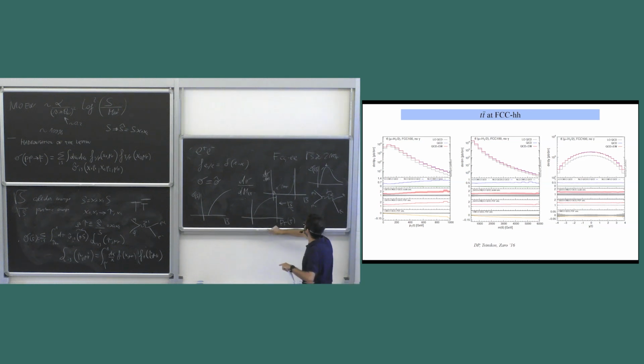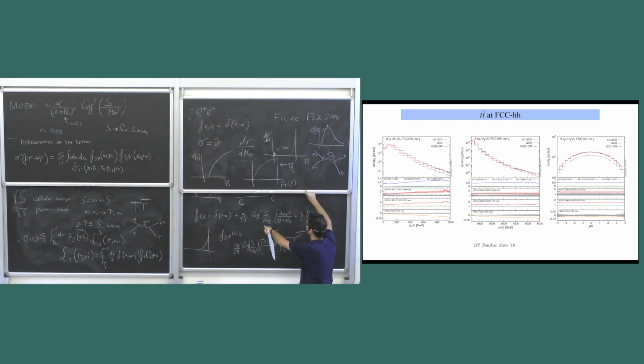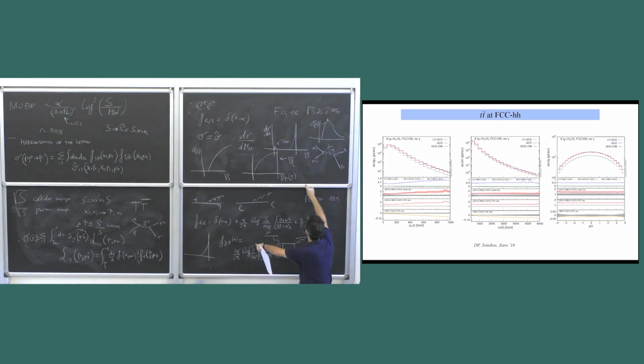So this effect that you see here is the one that is coming from the diagram that we have here. And this shape here is the one that is coming from this other process, okay? And the problem here is that you have a large log also for the photon, but as I said, these photons are peaked for small x.